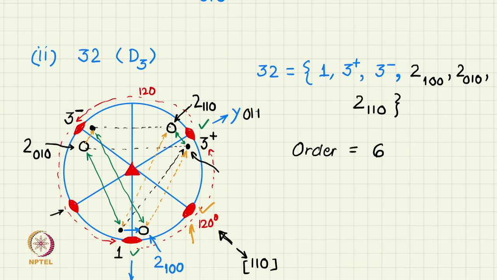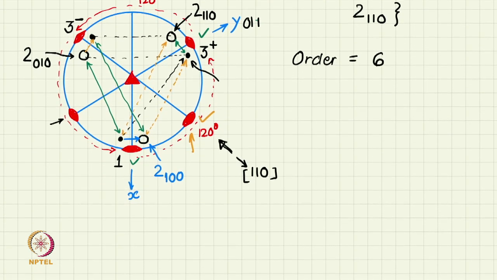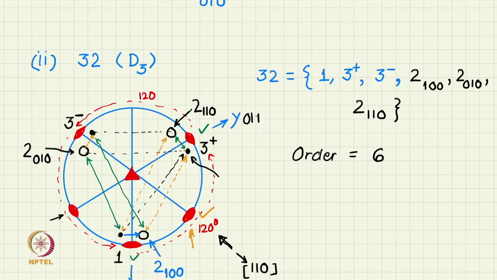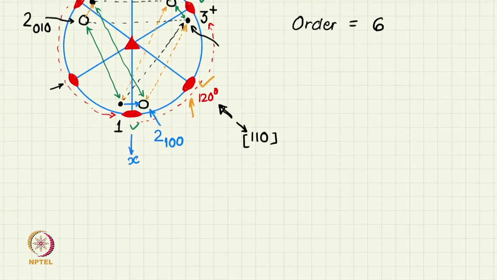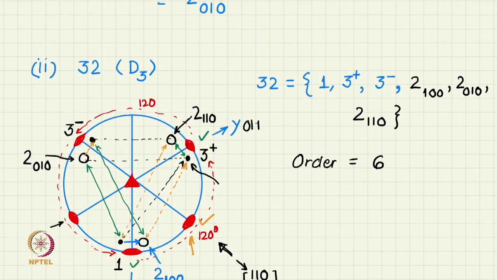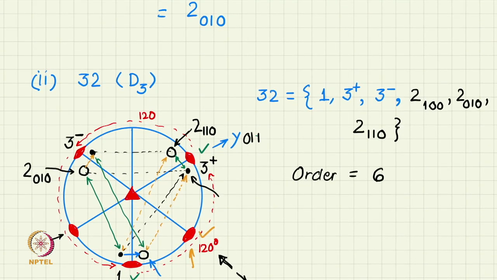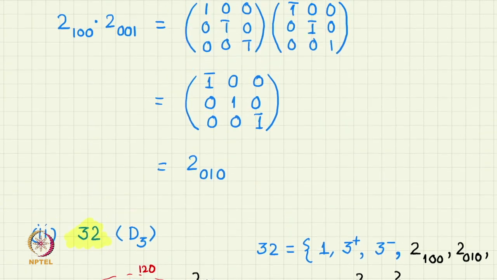Again, these can be verified by matrix multiplications, but we will not do that exercise, but you can try and do it to convince yourself. One point should be noticed, and that is that here we have only one 2. When we wrote 3 2, we wrote only one 2.